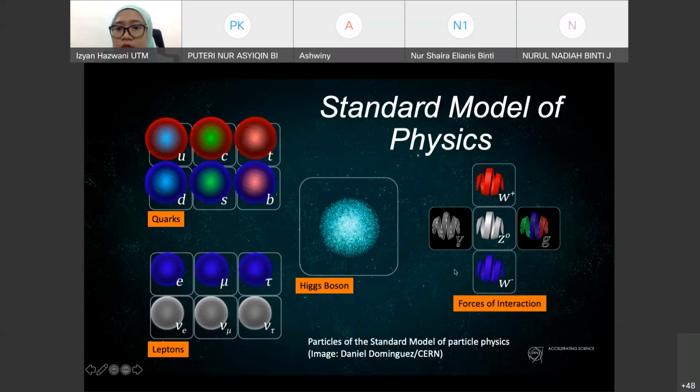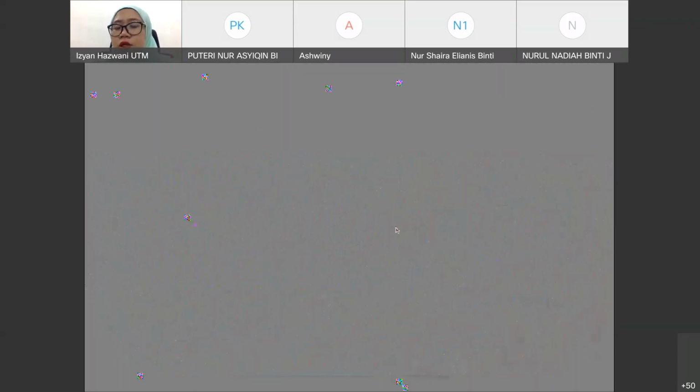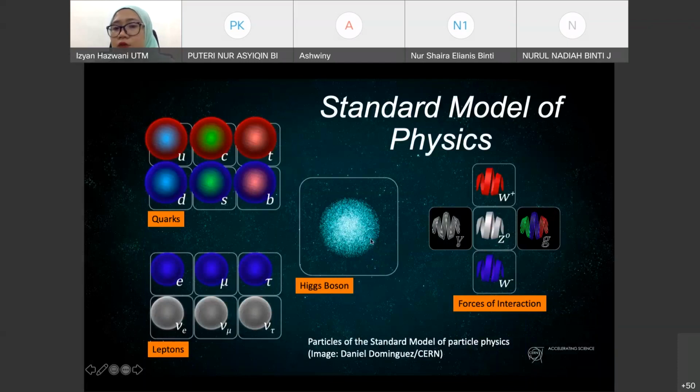And we have the photon, which is the force carrier for electromagnetic interaction. And this is the recent discovery of the Higgs boson, which was awarded the Nobel Prize in physics in 2013.